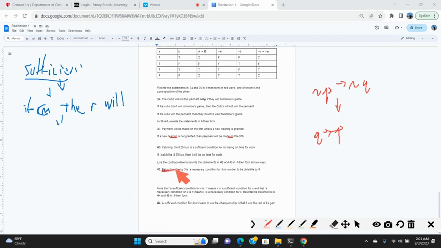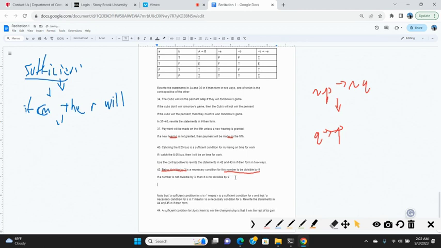So being divisible by 3 is the condition, and being divisible by 9 is the result. Since this is a necessary clause, if a number is not divisible by 3, then it is not divisible by 9. And any number theorists or math enthusiasts in this class will know that that is clearly not the case, and therefore we probably interpreted this correctly.